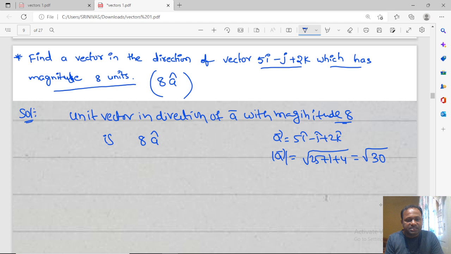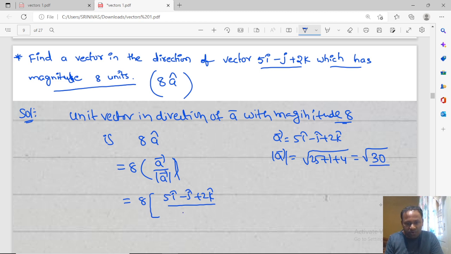So then what is the condition? 8 a cap means 8 into a bar divided by mod a bar. So that is equal to 8 into a bar, a bar means 5i cap minus j cap plus 2k cap, divided by mod a bar, which is root 30.